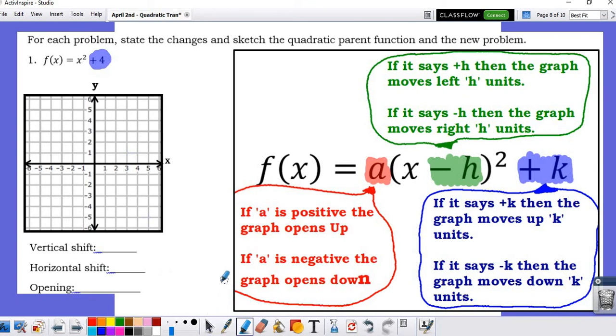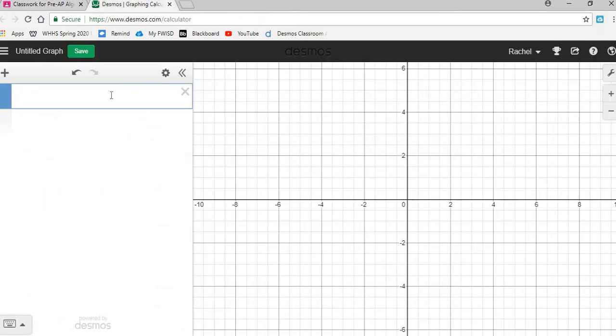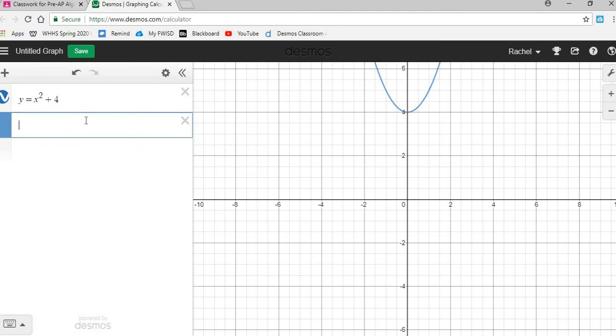But if you're still not sure, you can go to Desmos. Remember, click on Google Classroom, click on your calculator, and it will take you here. So I'm going to type this in, y equals x squared plus 4, and it looks like my graph moved up. And we're comparing it to the parent function, which is y equals x squared.